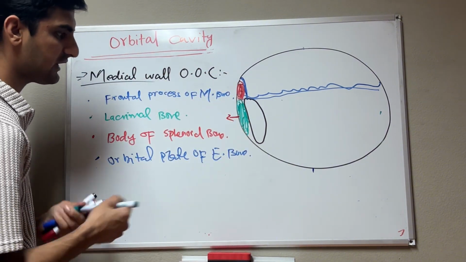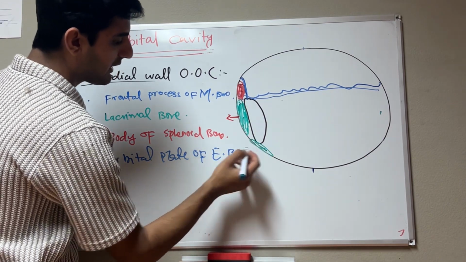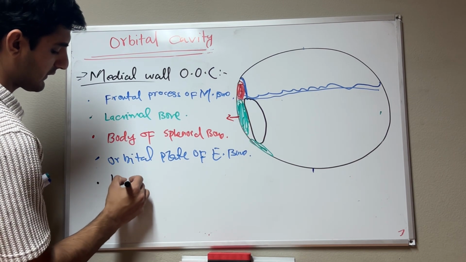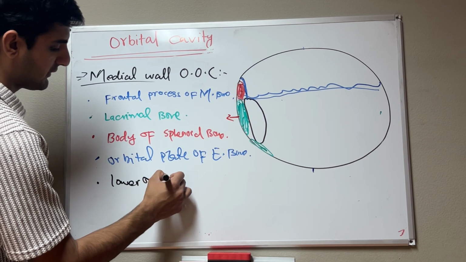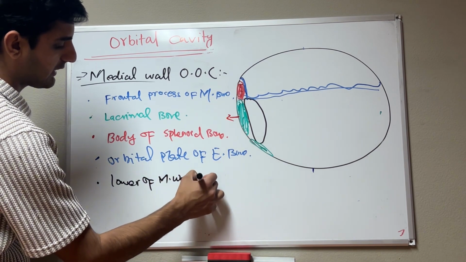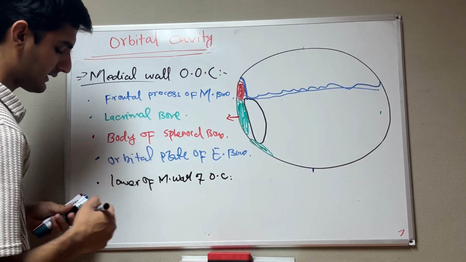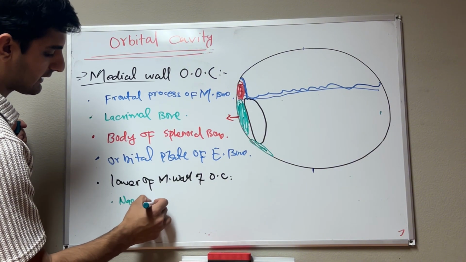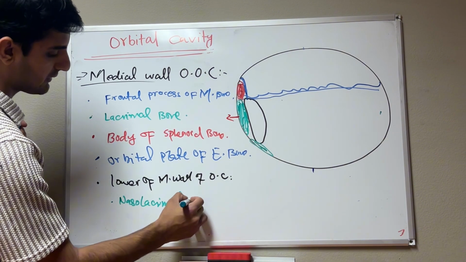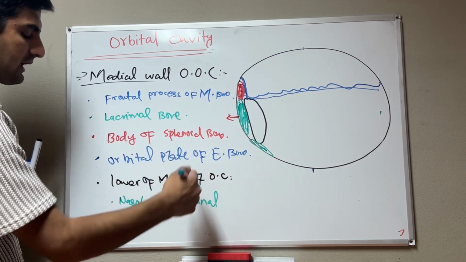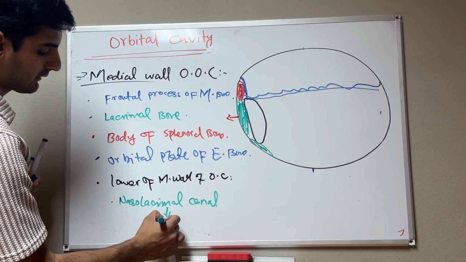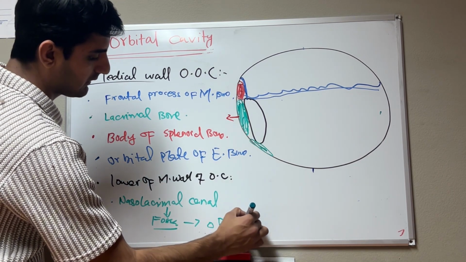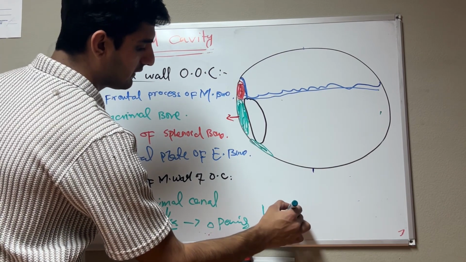Lower here, in the lower part of the medial wall of the orbital cavity, we have the nasolacrimal canal, because there we have a fossa, and this fossa opens into the lacrimal sac.